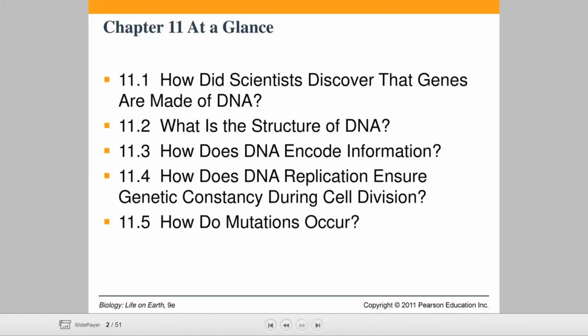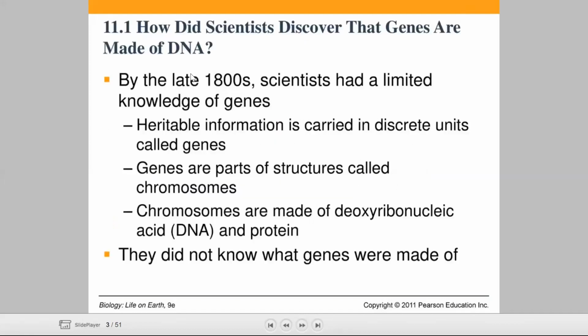So the first one, how did scientists discover that genes are made of DNA? By the late 1800s, scientists had a limited knowledge of genes. The heritable information is carried in discrete units called genes.